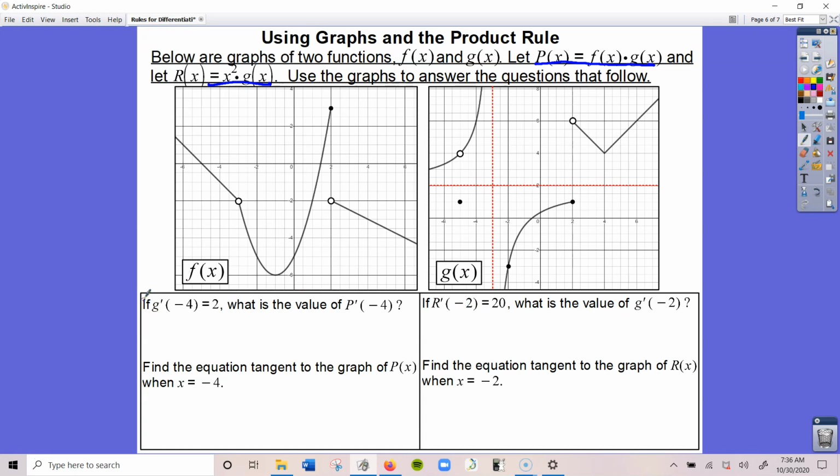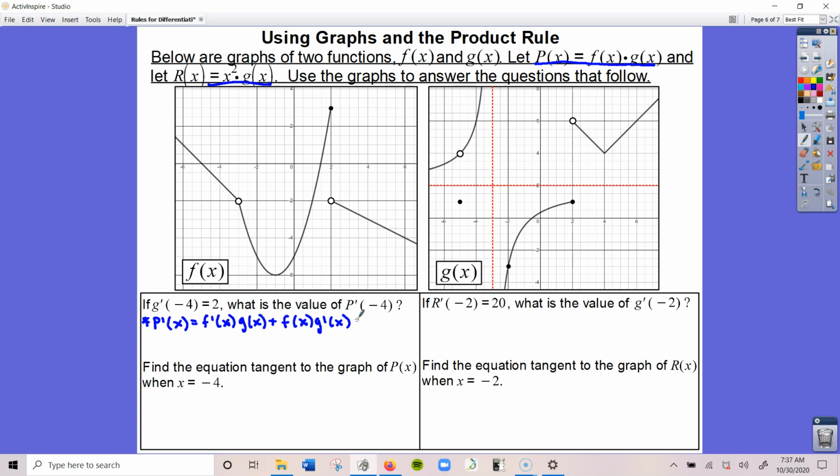So first here it says if g prime of negative 4 is equal to 2, what is the value of p prime of negative 4? So first we need to find the general equation for p prime of x, which we've already established earlier. When you have a product, it would be f prime of x times g of x plus f of x times g prime of x.